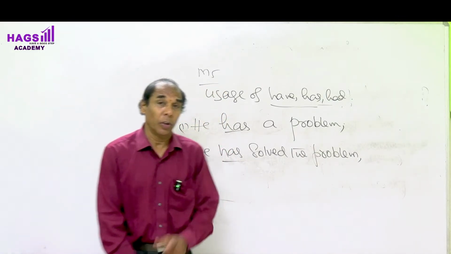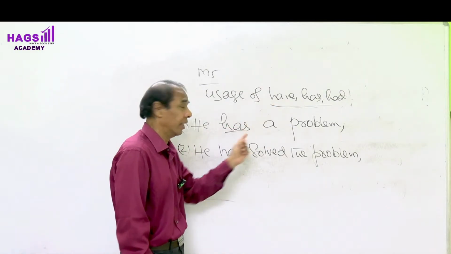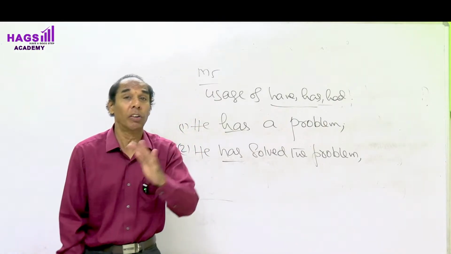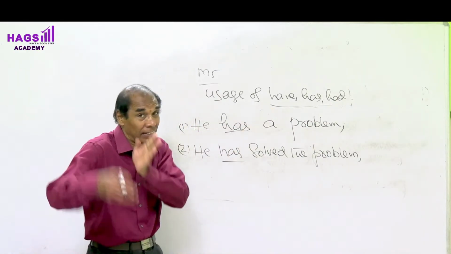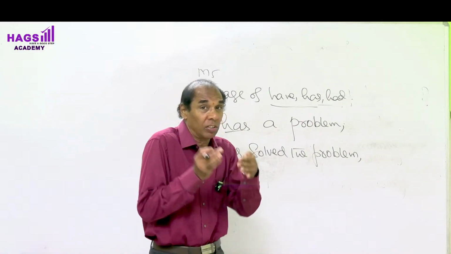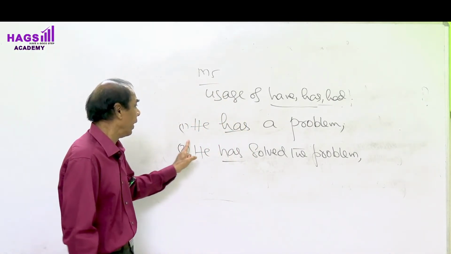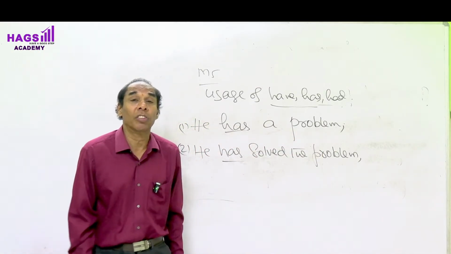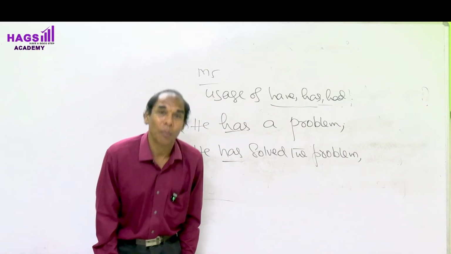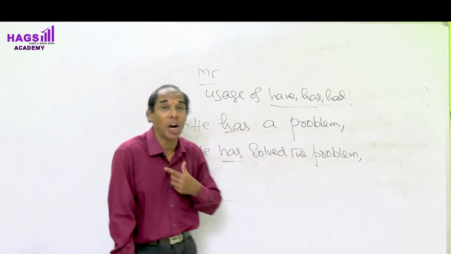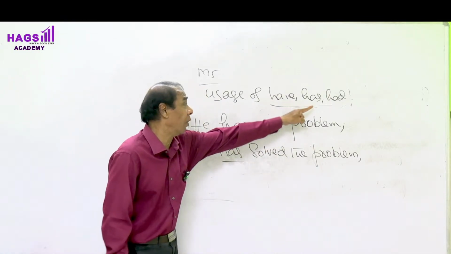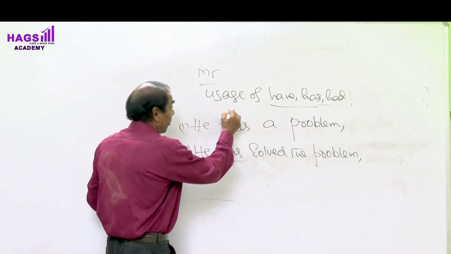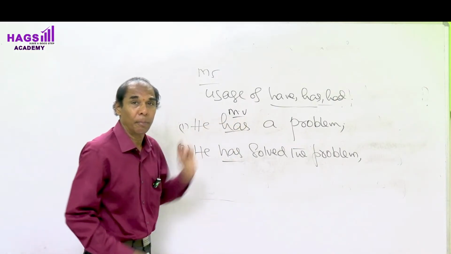If we have have, has, or had in a sentence, first we have to identify whether these three are acting as main verb or special verb. See, he has a problem. It means here in this sentence, he possesses a problem. Has is giving us the meaning of possessing. If these three words are giving us the meaning of possessing, then these three are main verbs.